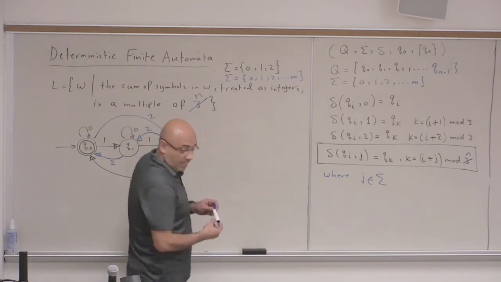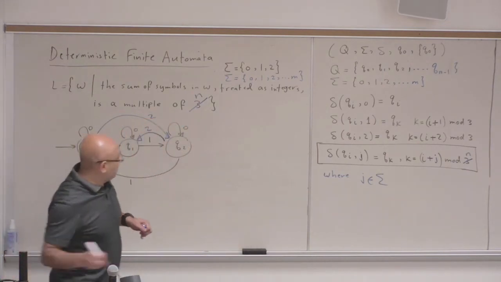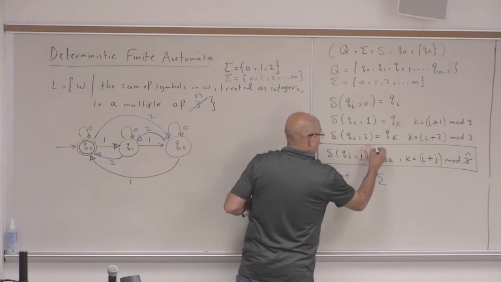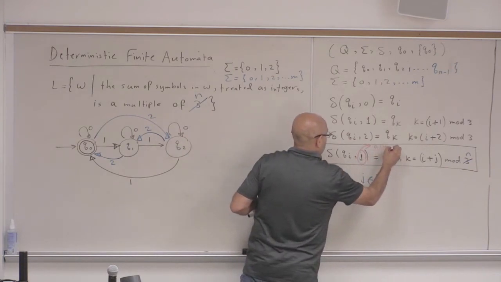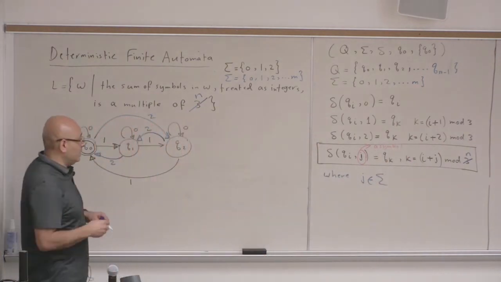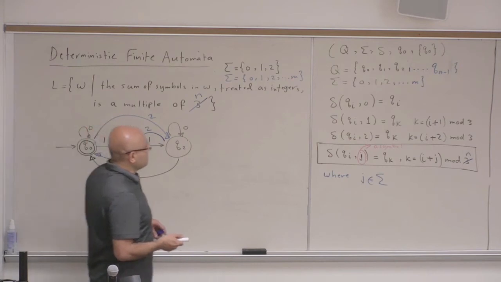This thing here is a symbol, any symbol. So that would be 0, 1, 2, 3, a symbol in the alphabet.